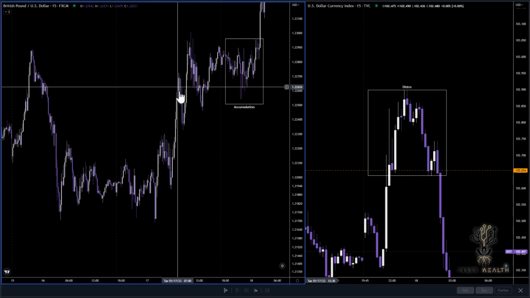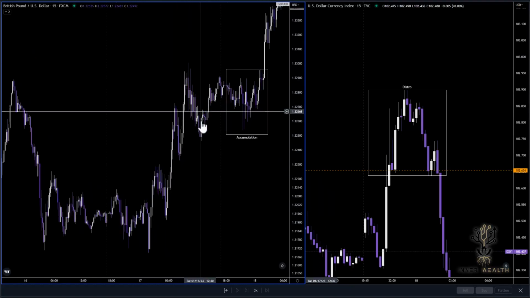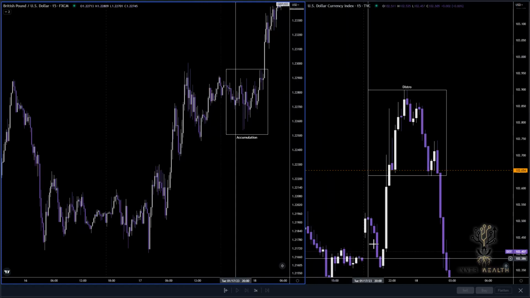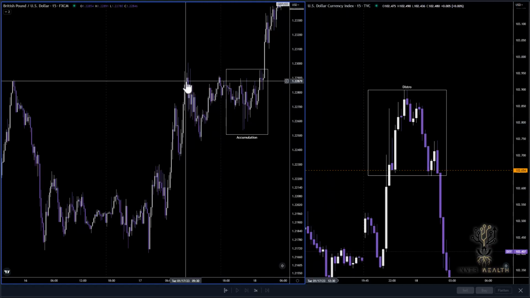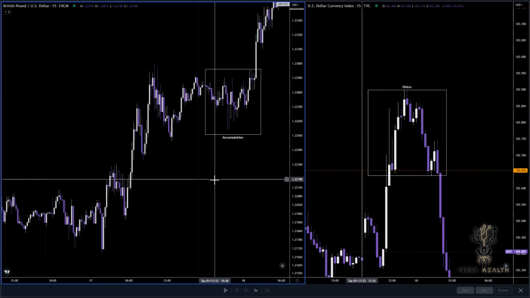GU decided to go along with the rise, had a slight pullback, not as much as the DXY that took out that previous daily low, and maintained this bullish price action.